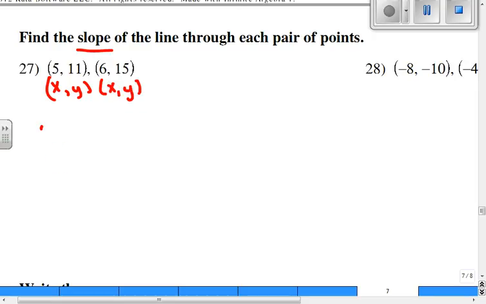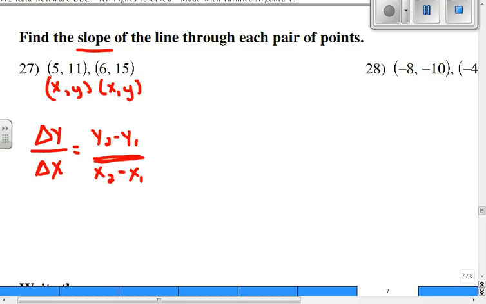Now, we had this equation which was delta y over delta x, which is y2 minus y1 over x2 minus x1.